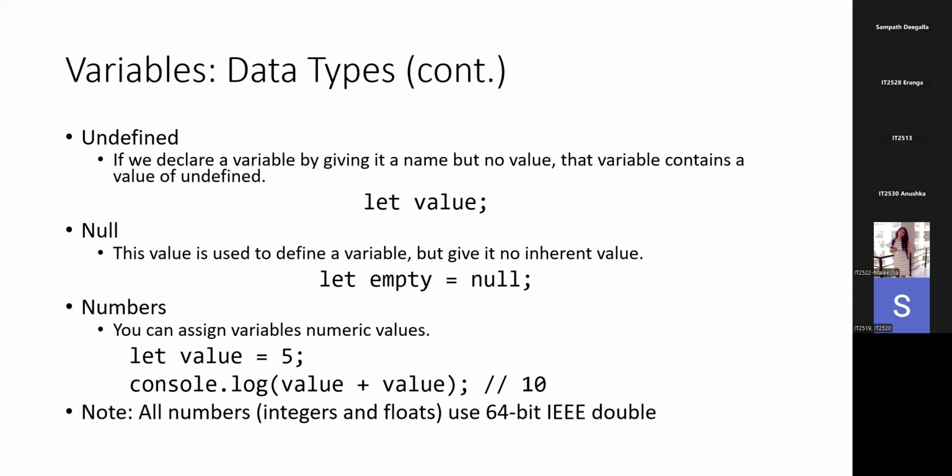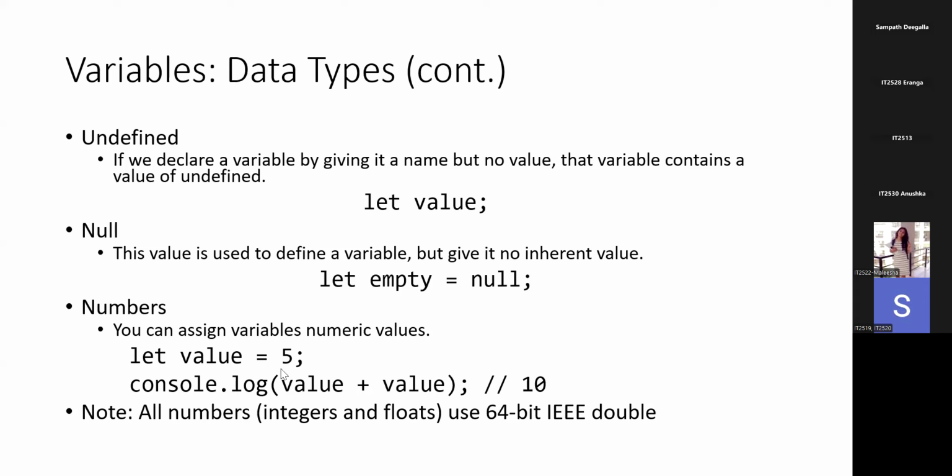So a couple of things about different data types you are going to assign. You can declare a variable without assigning any value, and that value can be assigned later on. Or you can use a special value null, which we use in multiple cases, if the value is unknown or empty, right?